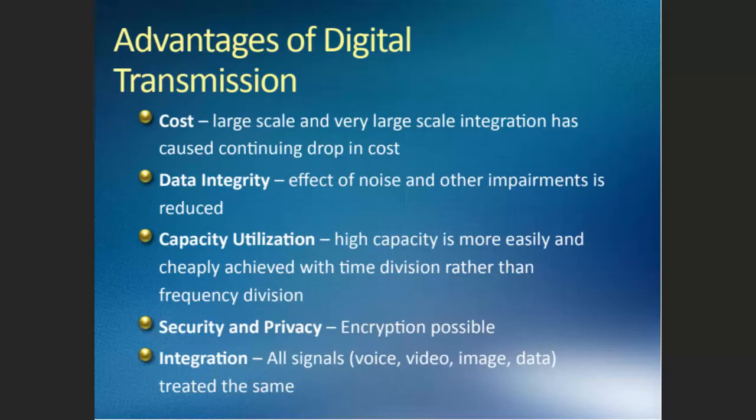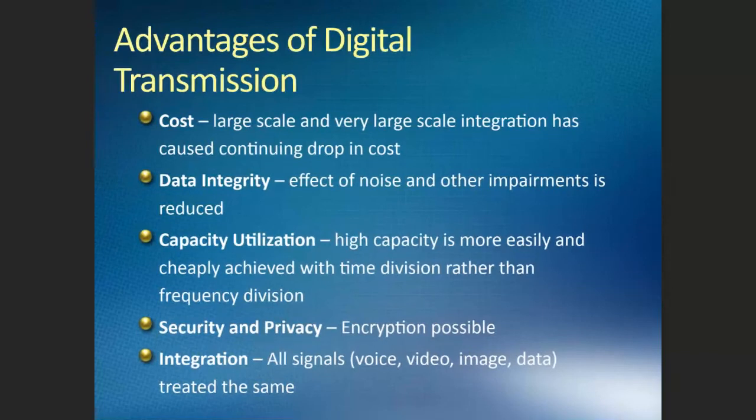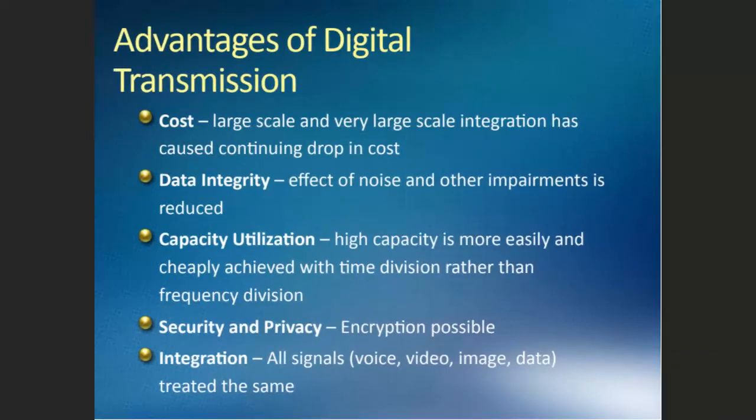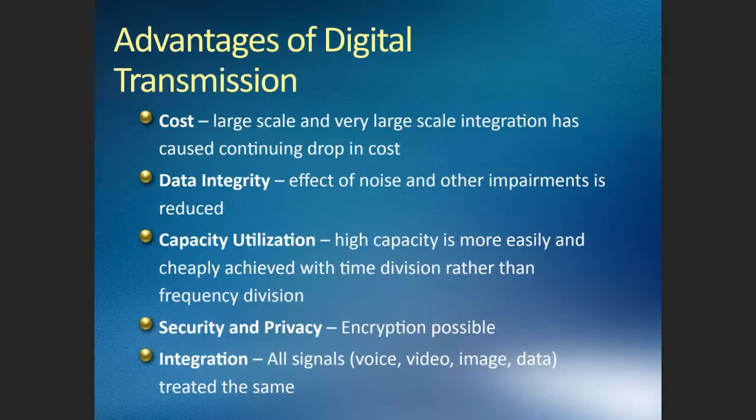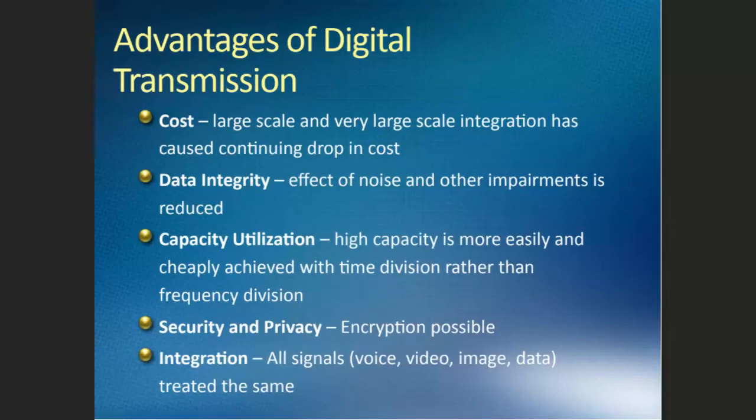Advantages of digital transmission. Again, we are repeating some of the information. Digital is cost effective. It can be utilized for large scale. Data integrity: the effect of noise and other impairments is reduced. Capacity utilization: high capacity is more easily and cheaply achieved with time division rather than frequency division.